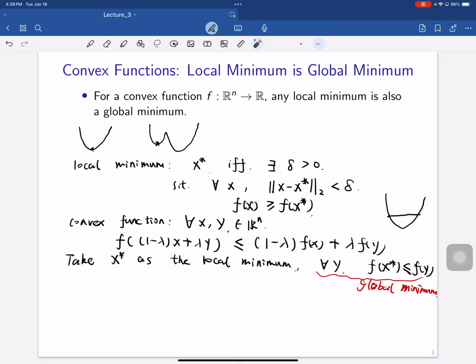So now let's take x in this definition to be x equals to x star, and y is any arbitrary y.